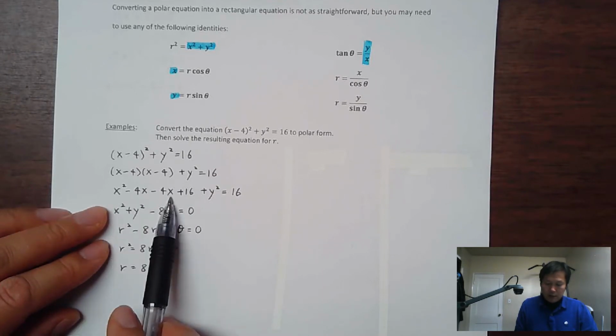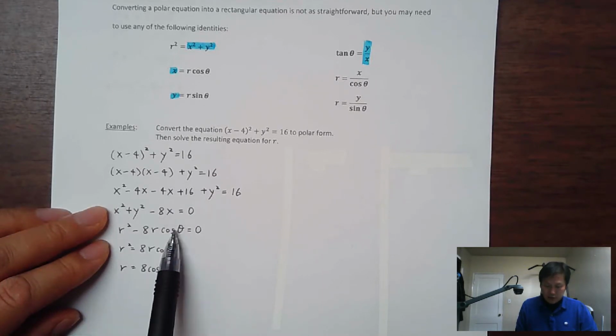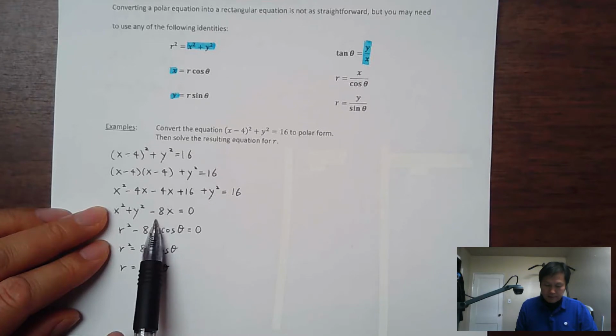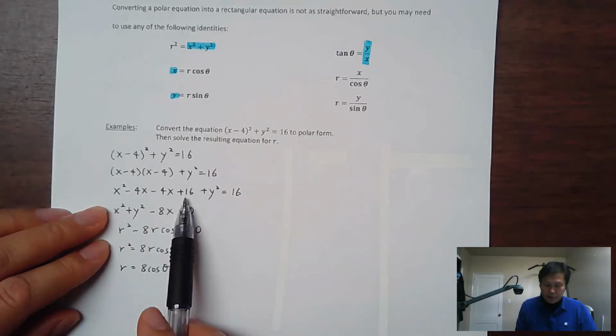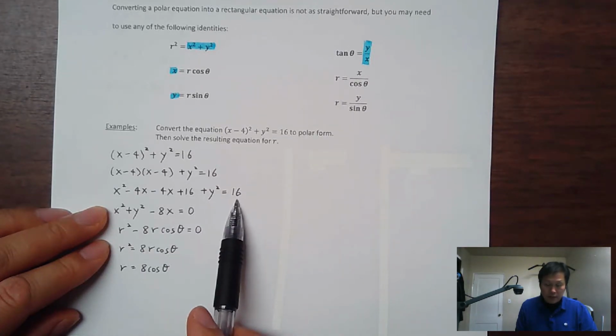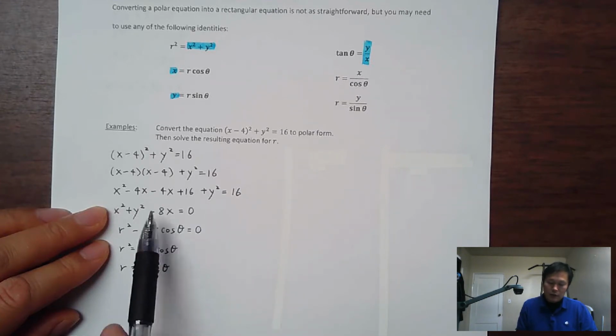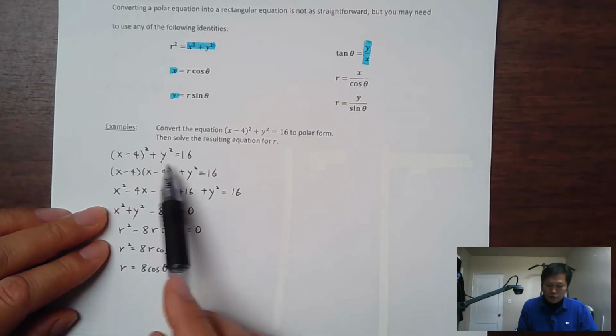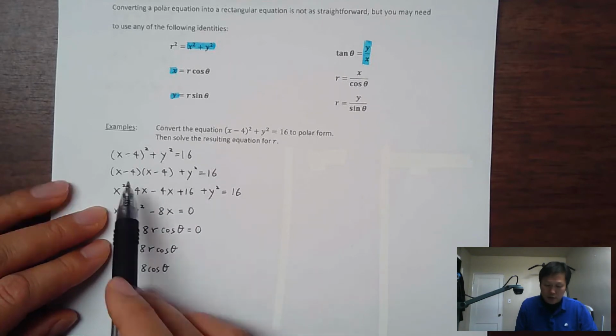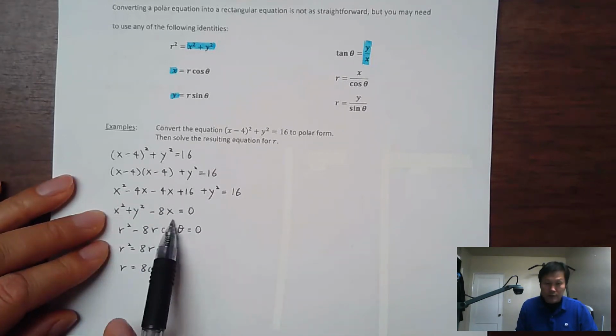Then combine like terms: minus 4x minus 4x becomes minus 8x. The 16 on the left and the 16 on the right cancel out. So we FOIL the parenthesis and come up with this.